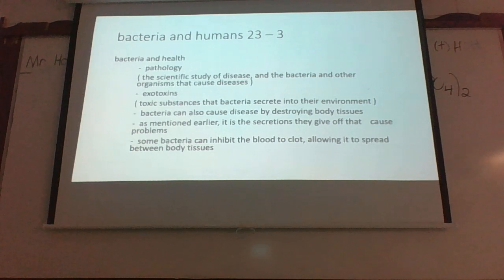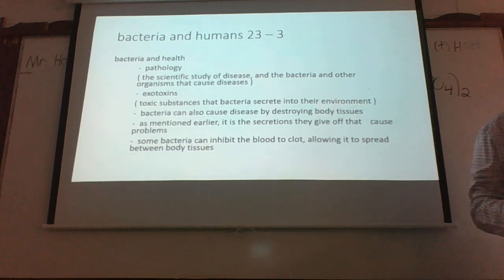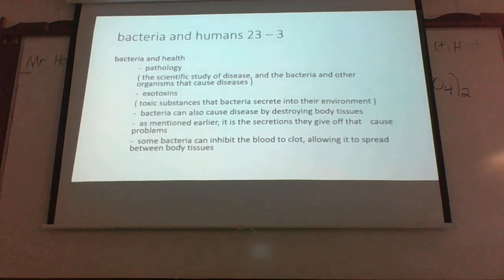So what happens when these substances give us such problems is because of what they actually produce and secrete into the internal environment. For instance, with the infection of bronchitis, the toxins that they produce cause us to make more and more mucus.